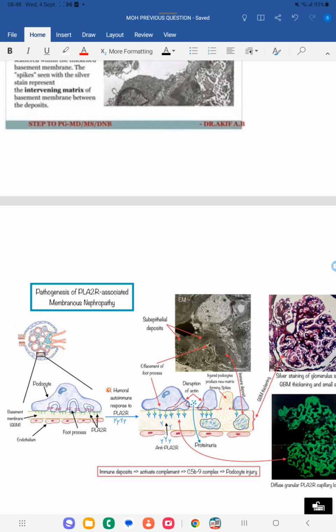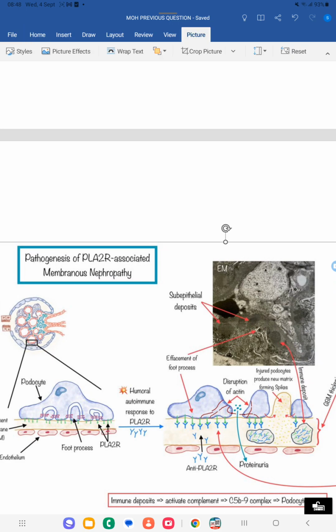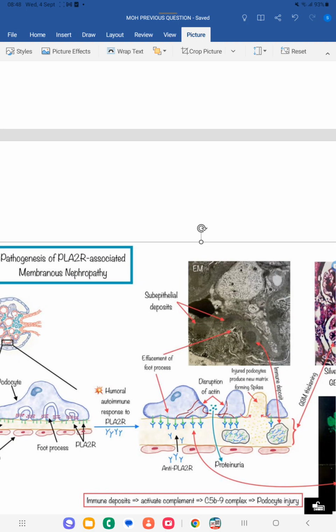The antibody is anti-PLA2R. So that antibody will come and attack the podocyte. Podocyte is a cell of the glomerular basement membrane. This antibody will come and block the podocyte, and through that way the podocyte action will not happen, and it results in spike-shaped structures forming in the glomerular basement membrane.